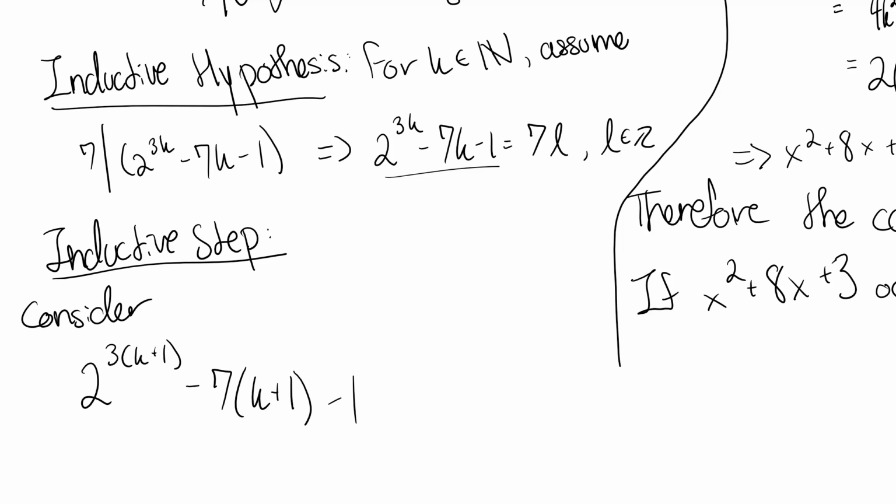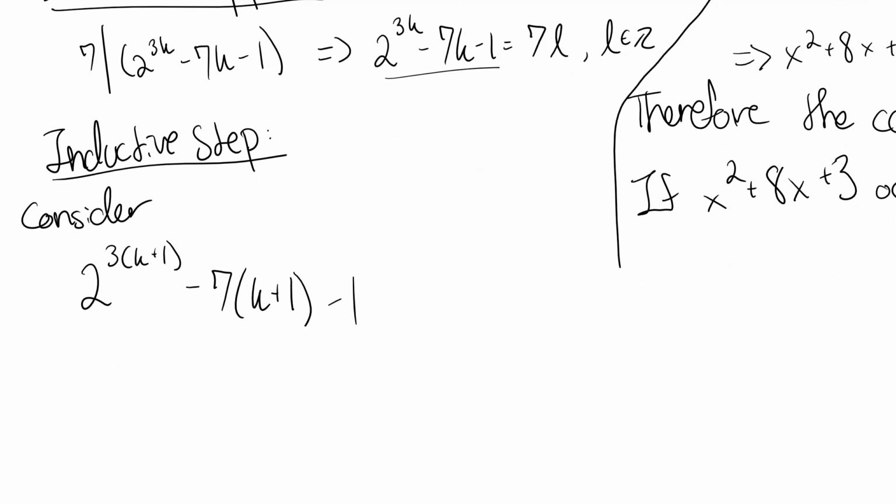Or what could we do to it to make it look like that? Well, let's see. So we have 2 times 2 to the 3k. Oh, wait, sorry. 2 to the third times that. Yeah. Distribution is very important. Okay. Minus 7k minus 7 minus 1. So really that's like minus 8.